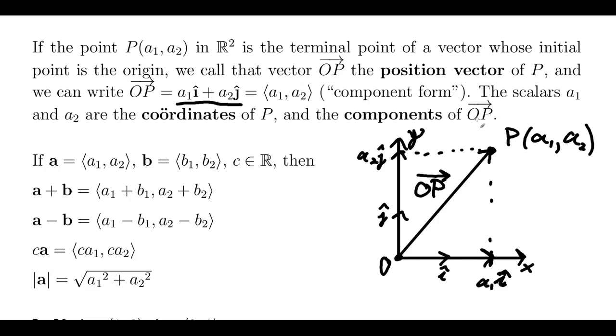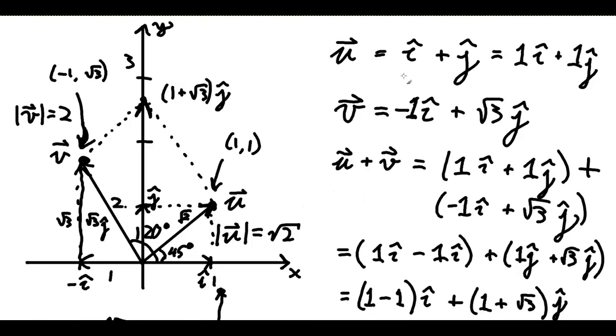To draw an analogy, flipping back, negative 1, radical 3, those are the coordinates of this point in the plane, and negative 1 and radical 3 are the components of the vector v, with negative 1 being the horizontal component and radical 3 being the vertical component.